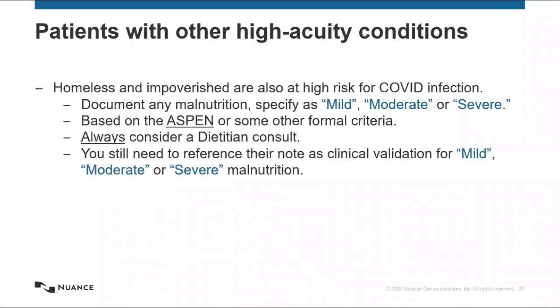That is done based on Aspen criteria or other criteria, often the Gomez criteria. But the dietitian should generally know these criteria, be able to implement them. Although there is not a lot of acuity associated with simple malnutrition unspecified, mild, moderate, and severe do carry some acuity.